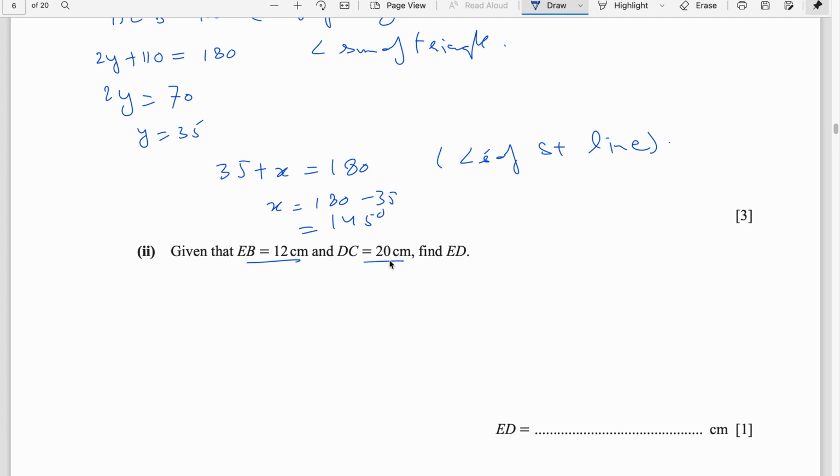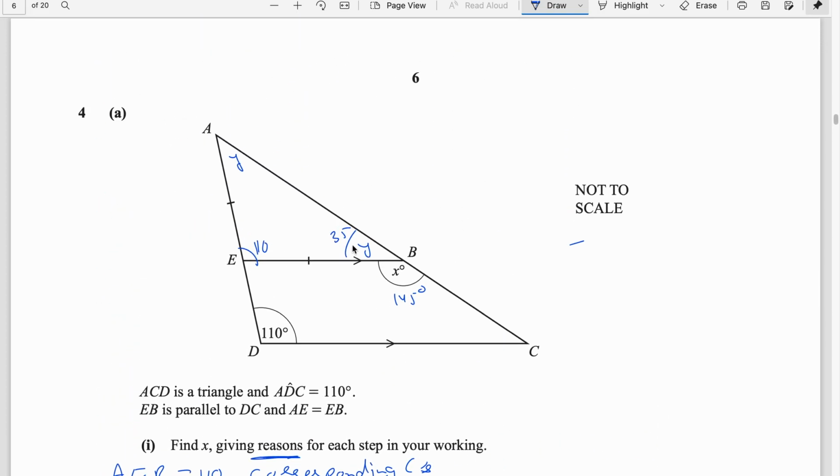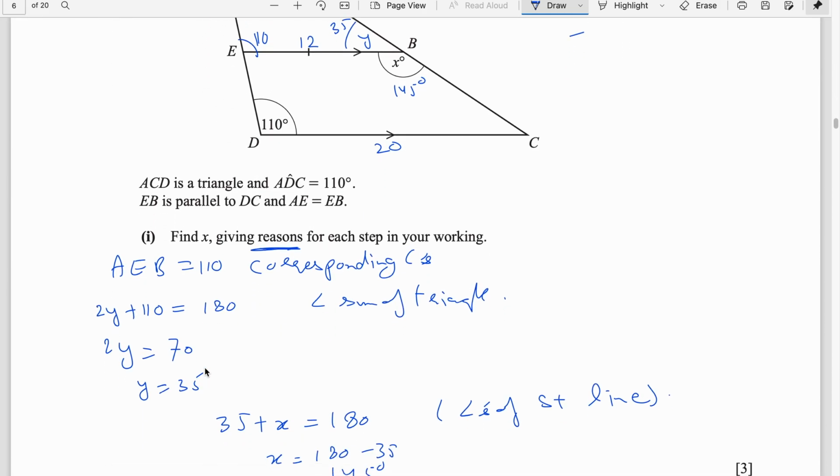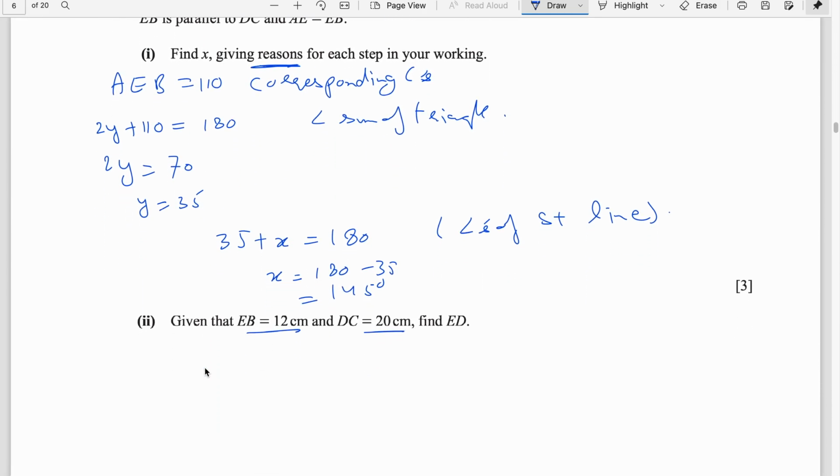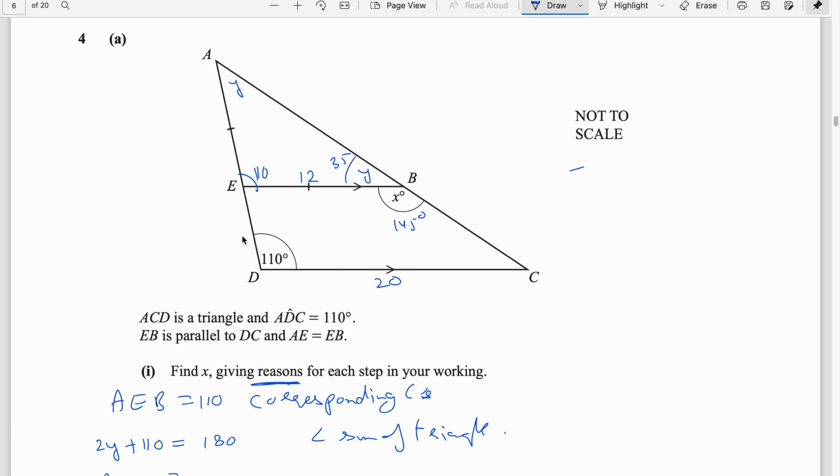Given that EB is 12 and DC is 20. EB is 12 and DC is 20. Find ED. Now these two are basically similar triangles. 110 equals 110, 35 equals 35, as they are all corresponding angles, and the third angle is shared, that is again 35. So they have all three angles similar.